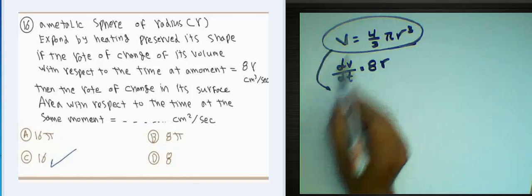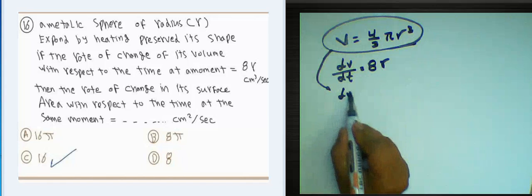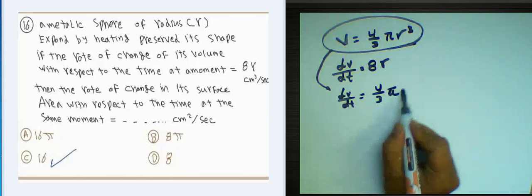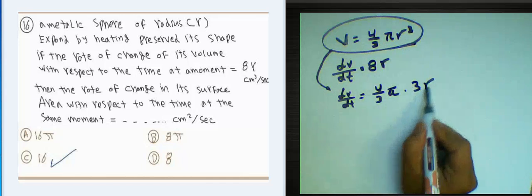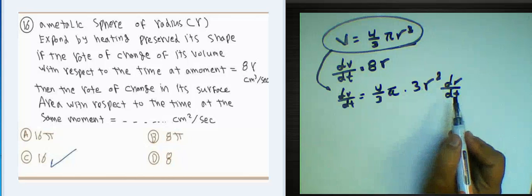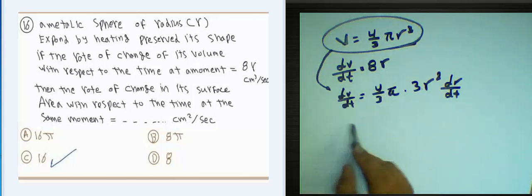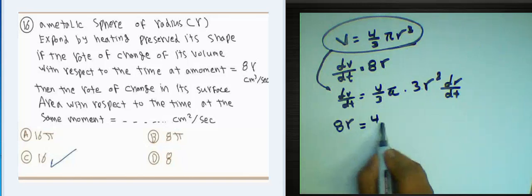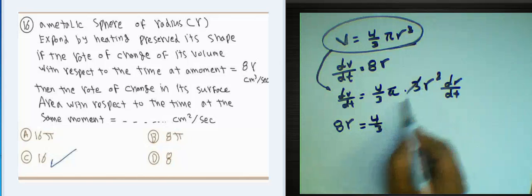Then we can find the derivative of this function. The derivative of the volume equals 4 over 3 pi multiplied by 3r power 2 dr over dt. Okay, we can cancel here and write 8r. 8r equals 4 over 3, we can cancel 3 by 3.